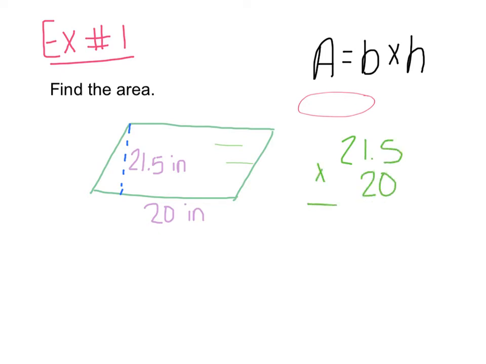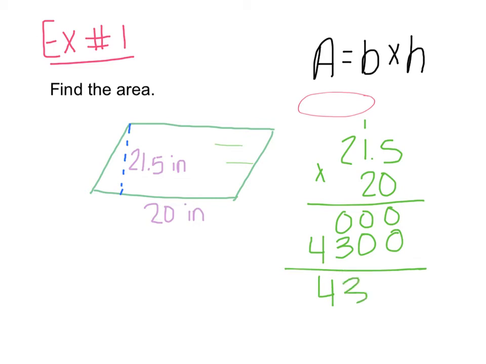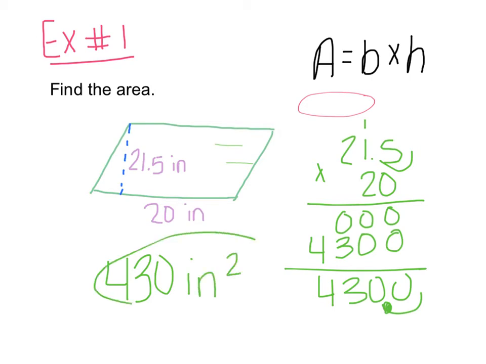Remember, when you multiply with a decimal, you don't move it until the end. So, since it's over one place in my number, I move it over one place in my answer. So the answer is 430 inches squared.